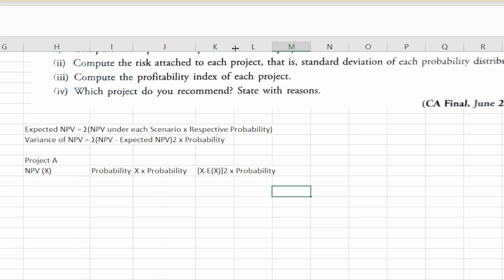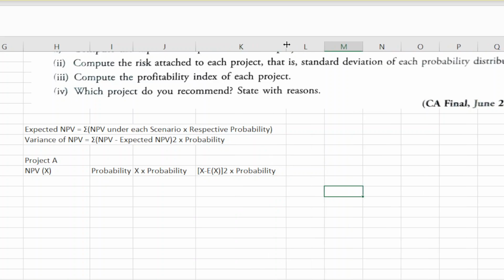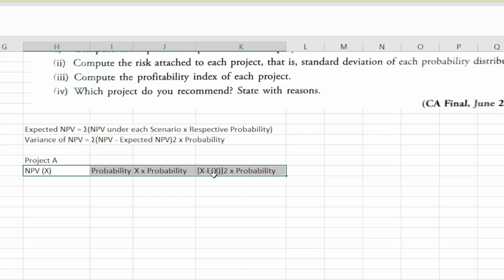But remember, I need to consider the total, not the individual value over there. Okay, so this is how my table looks like, and I have 1, 2, 3, 4 values.